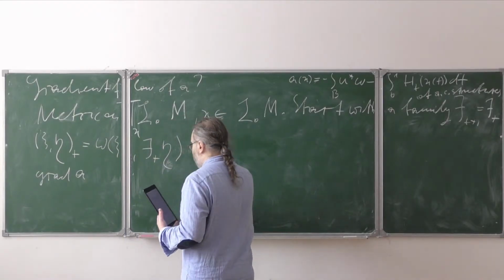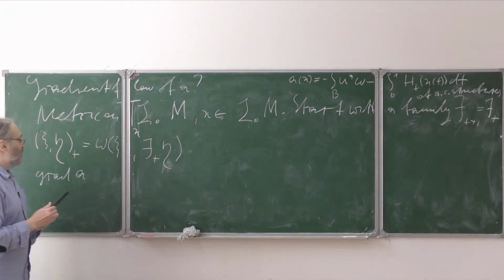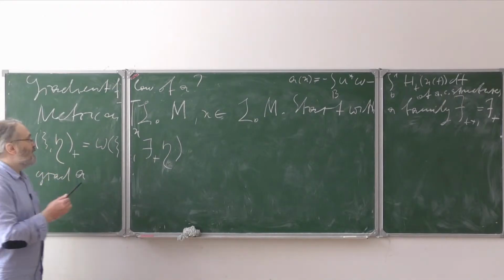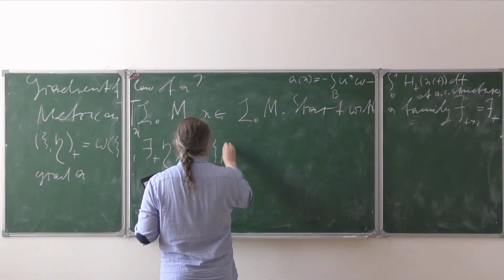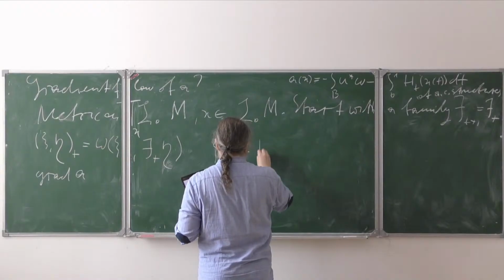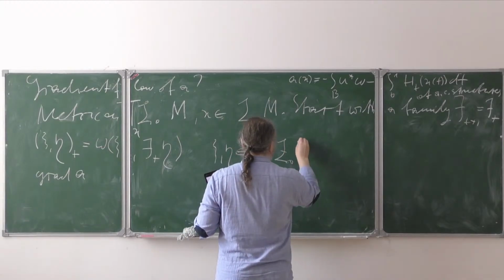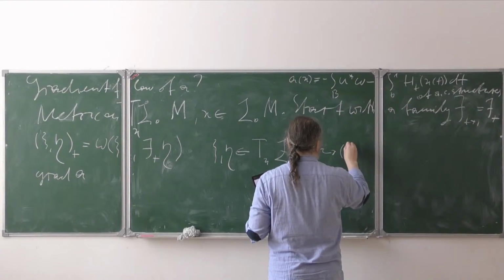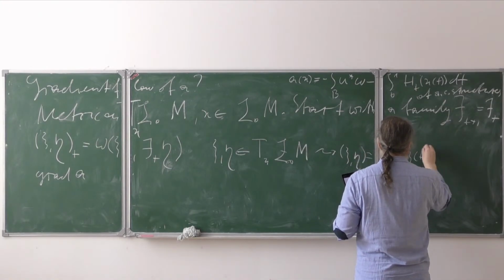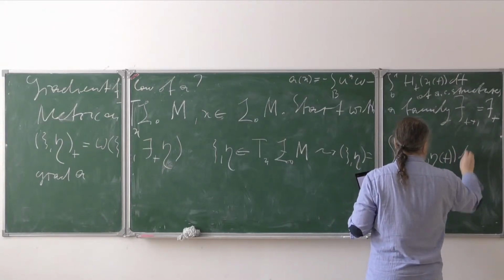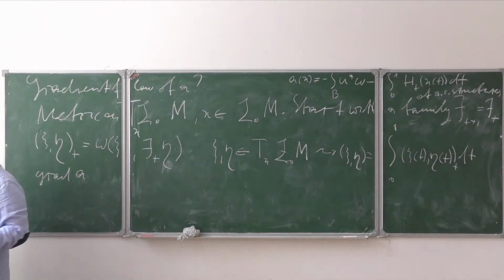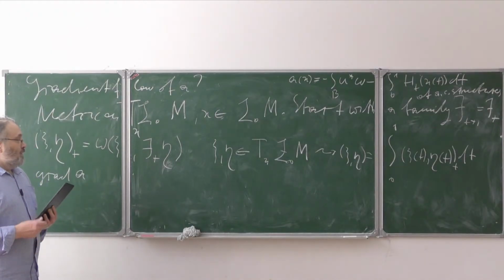Anyway, instead of trying to write it down, what it says here makes sense for psi and eta inside some tangent space to M. Now we want to extend this to a metric on this space, and we use this expression.